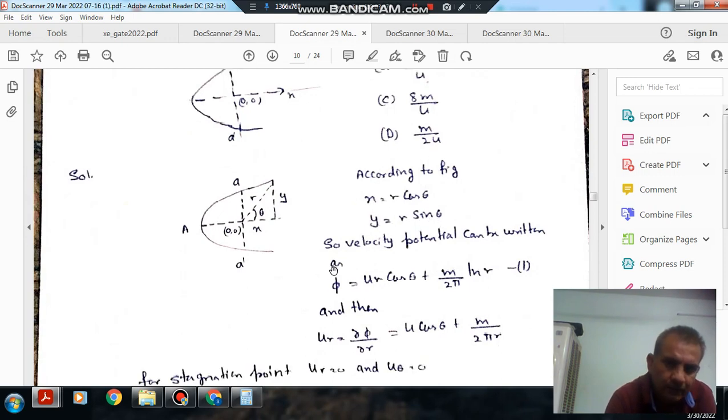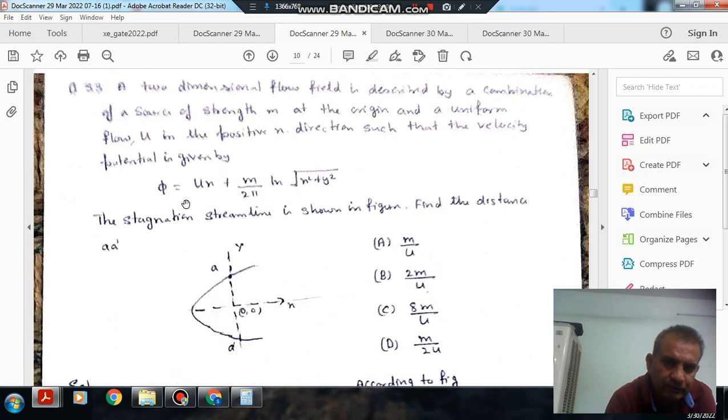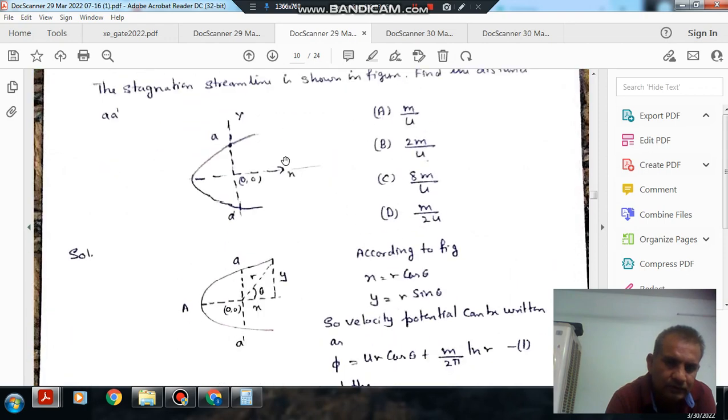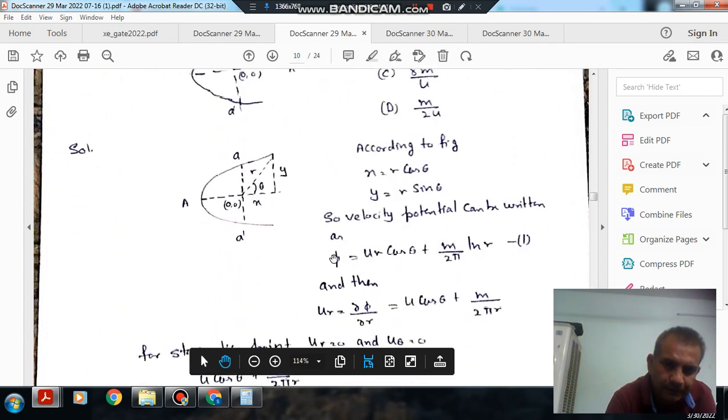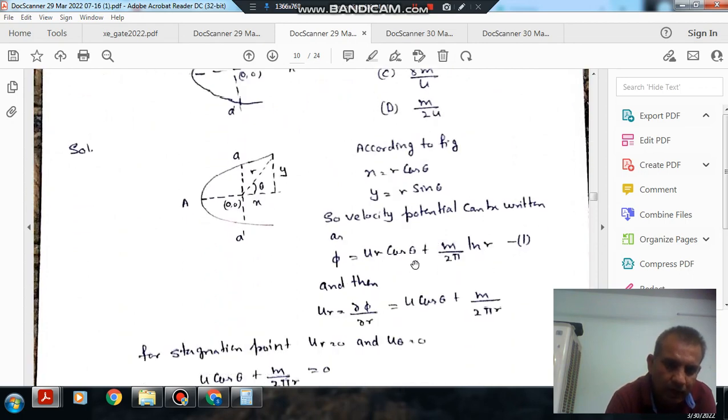The velocity potential is given as Ux plus m by 2 pi ln root x square plus y square. So this can be changed: x can be written as r cos theta and root x square plus y square can be written as r. So phi is U r cos theta plus m by 2 pi ln r.